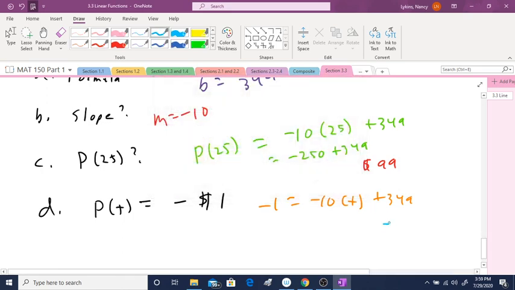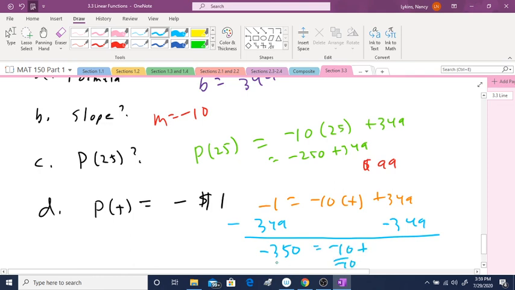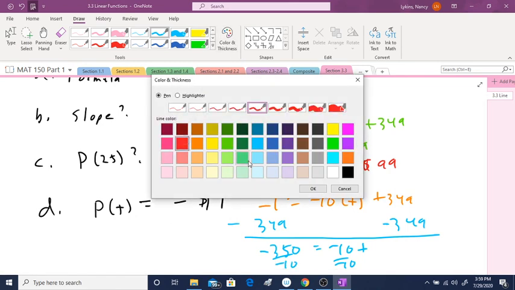So 349, that means I'm going to subtract it. If you have both negative signs, just add them up. It'd be 350, and it's negative because both of them are negative, so you're at negative 350. -10T divided by -10. So in this case, T is 35.